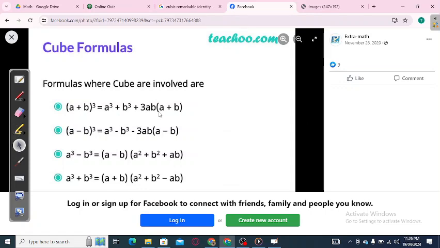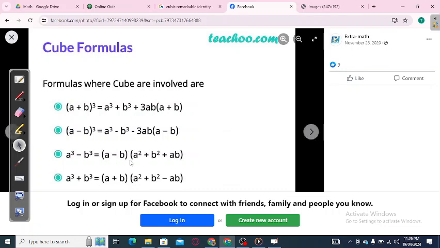I find this harder; if you want to use it, you can. It's the same answer: a cubed plus b cubed plus 3a squared b plus 3ab squared. And this is the same thing for a cubed minus b cubed, just in a different form.